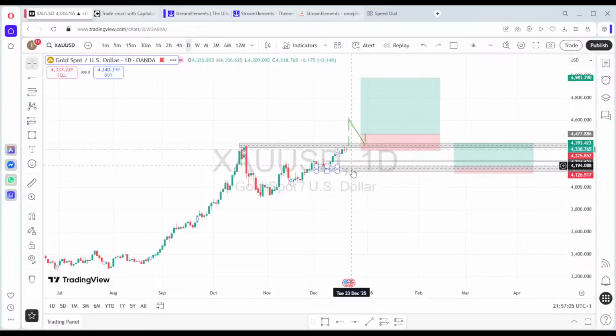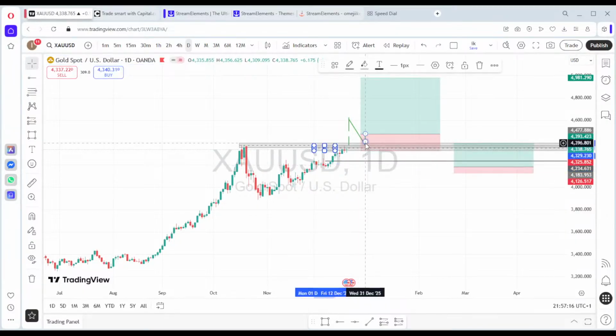Once there is a sweep and you have a bullish engulfing or a bullish candle after the sweep, you should just take your buy there and take your profit at the top of this high.